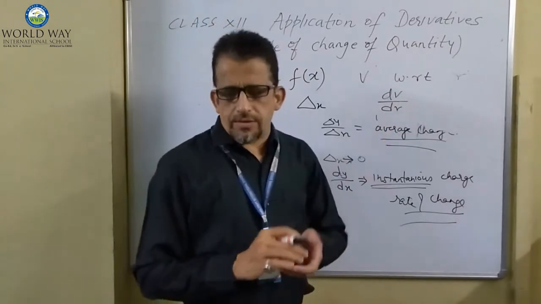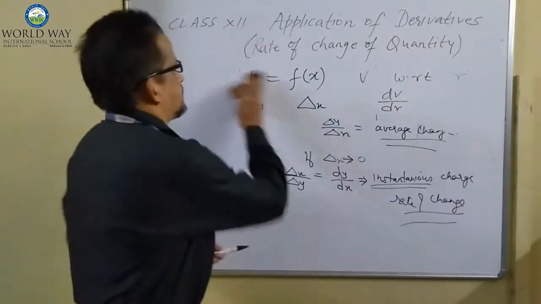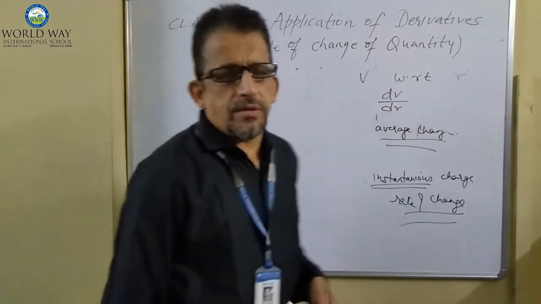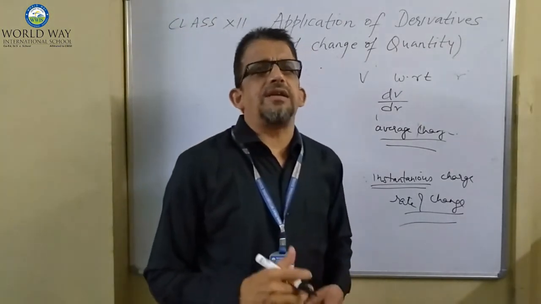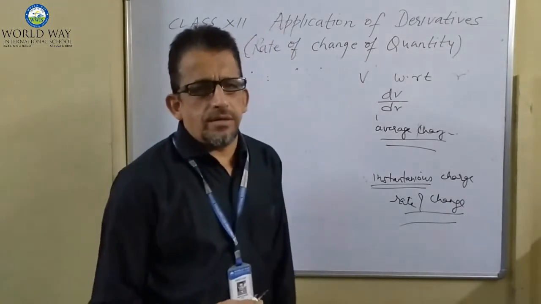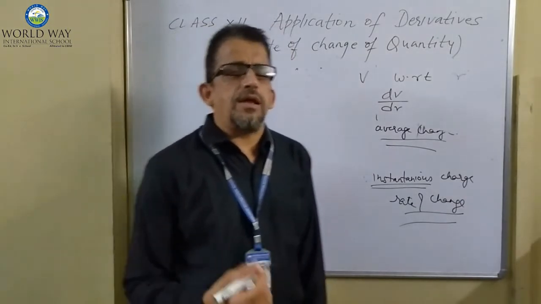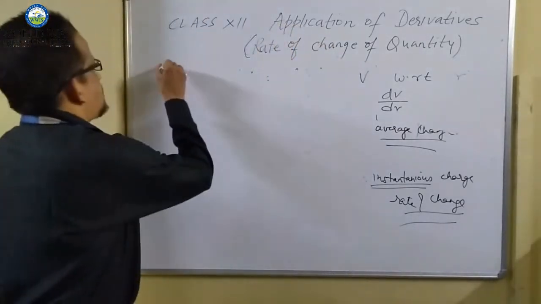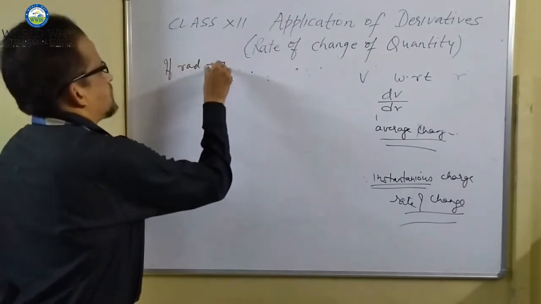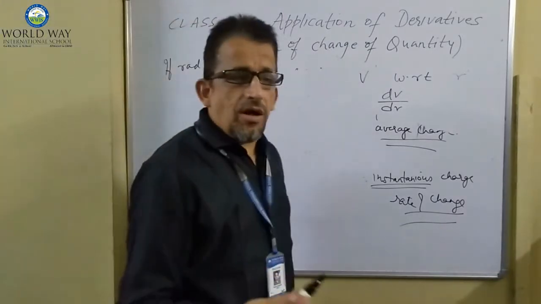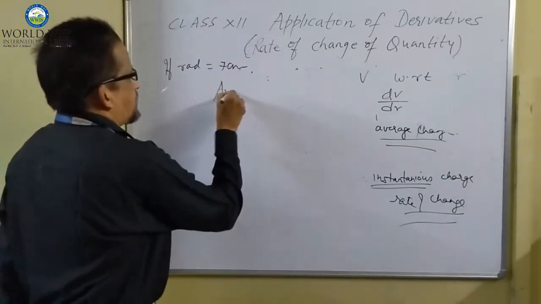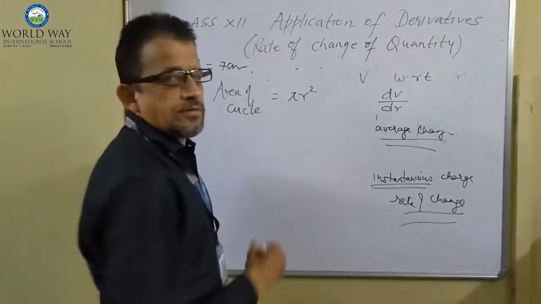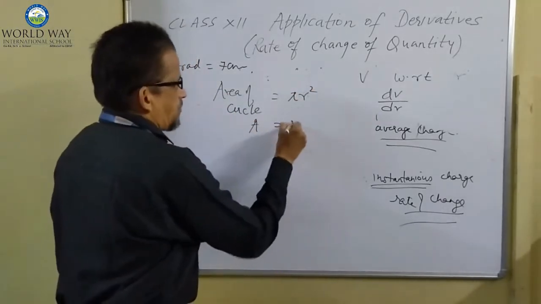So I will explain it through a question. What is the change in area of a circle with respect to radius if the radius is 7 centimeter? So area of circle is pi r square, that is, A is pi r square.